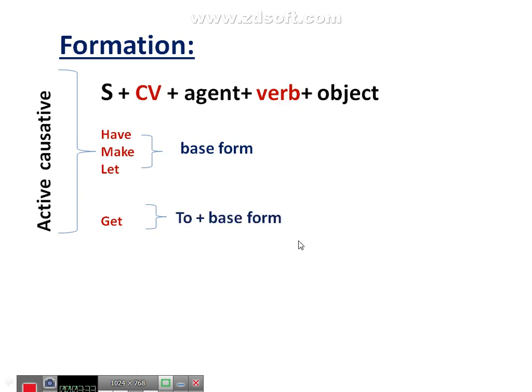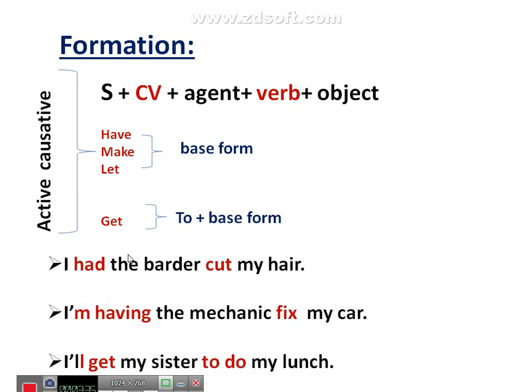Let's study these examples. I had the barber cut my hair. Here, had is the past form of have, the barber is the agent, and cut is the verb in the base form. I am having the mechanic fix my car.